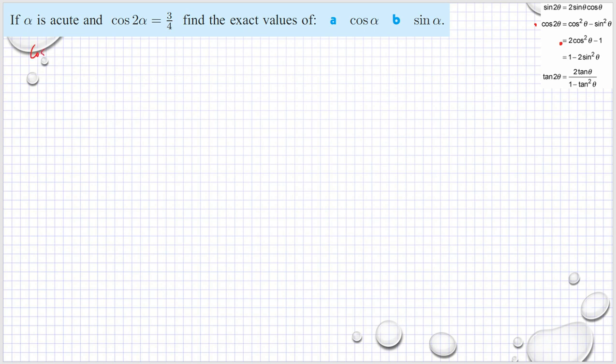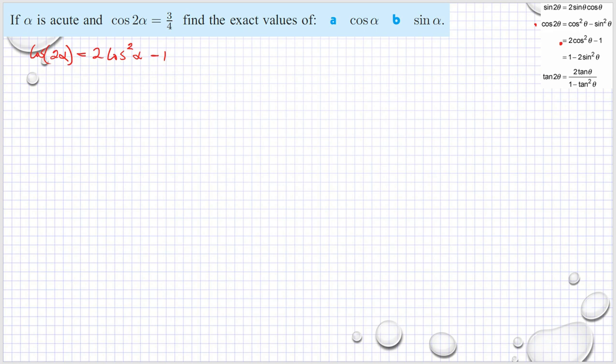So cosine 2 alpha, not theta, I'm saying another thing. Cosine 2 alpha is equal to 2 cosine squared alpha minus 1.